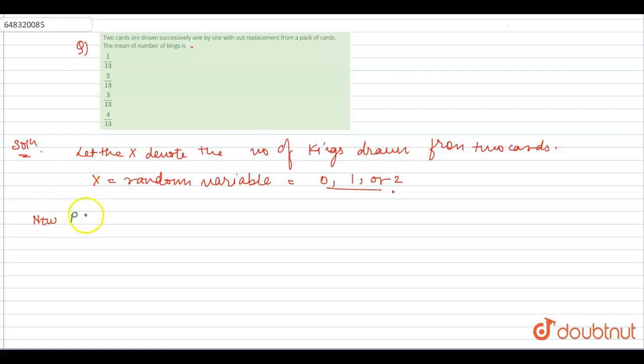Now for case 1, P(X = 0), which means that no king is drawn.